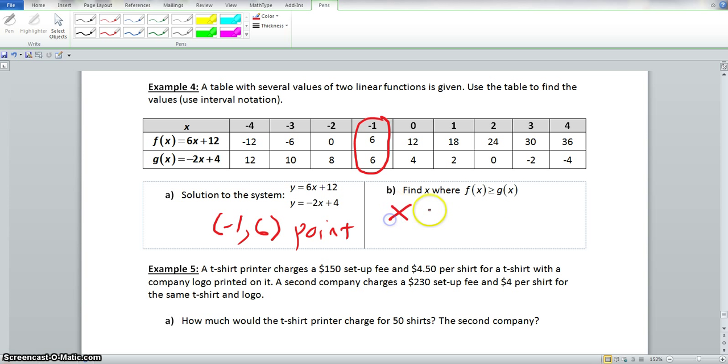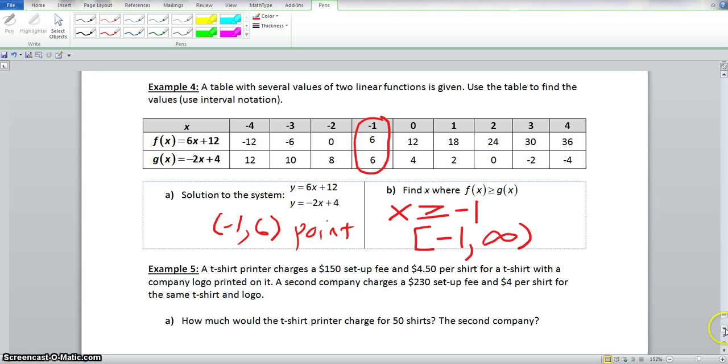So we would need all x values that are greater than or equal to -1, because at -1 they're the same, but when you go greater than -1, your f of x is greater than your g of x. Now if we write this in interval notation, we have our bracket because the -1 is included, so it'll be -1, comma, infinity. And that is it for that problem.